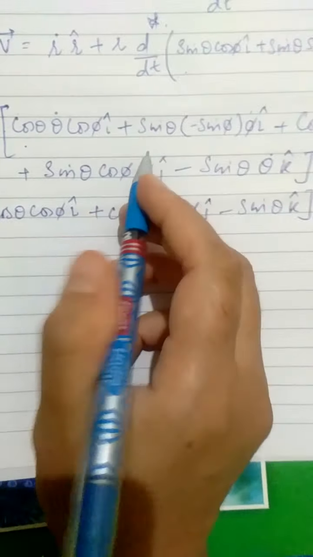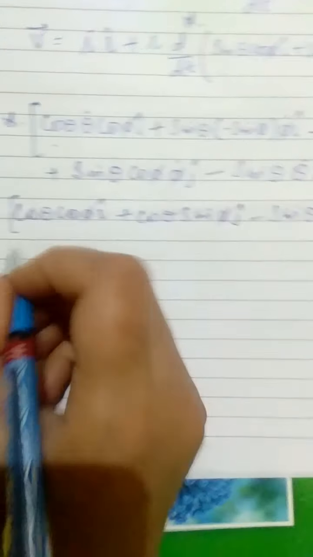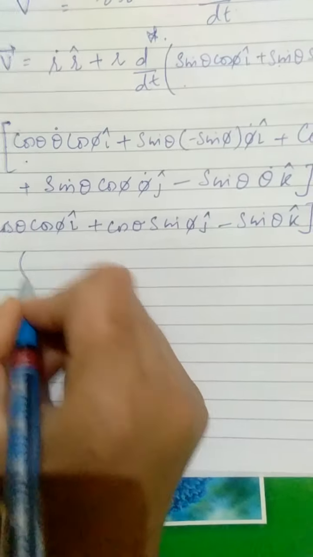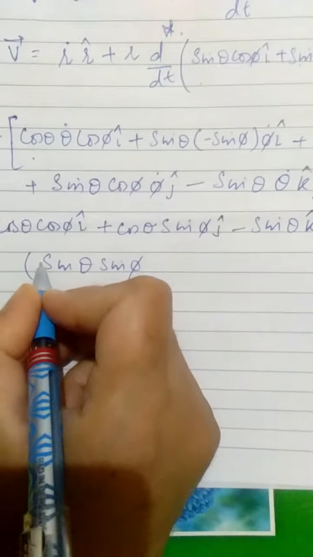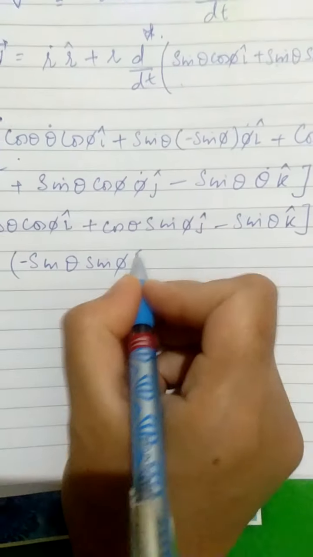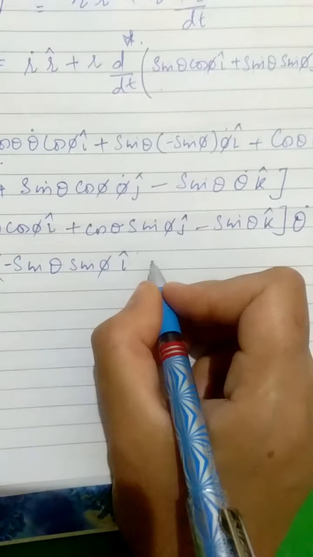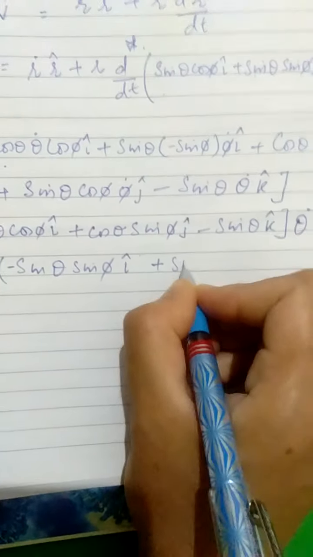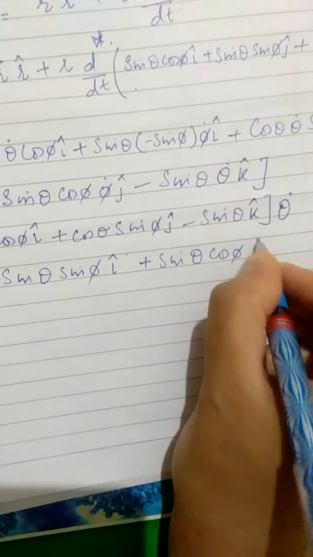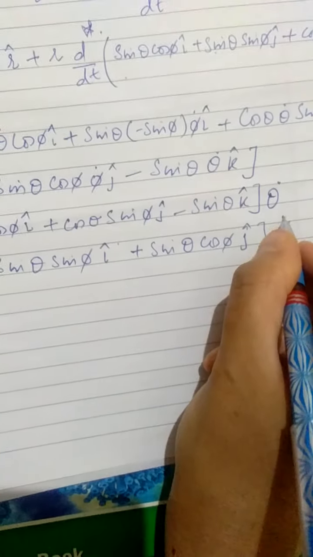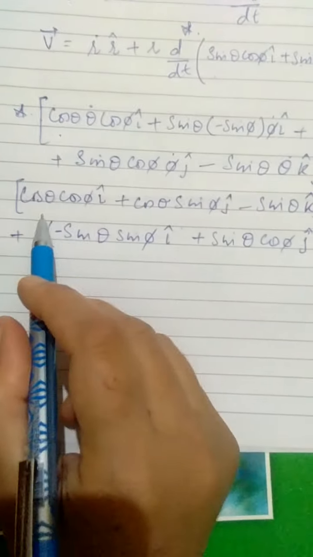And now if we go to those factors which have phi dot in common, those are sine theta sine phi with a minus sign times i, and this factor plus sine theta cos phi j, times phi dot, right?